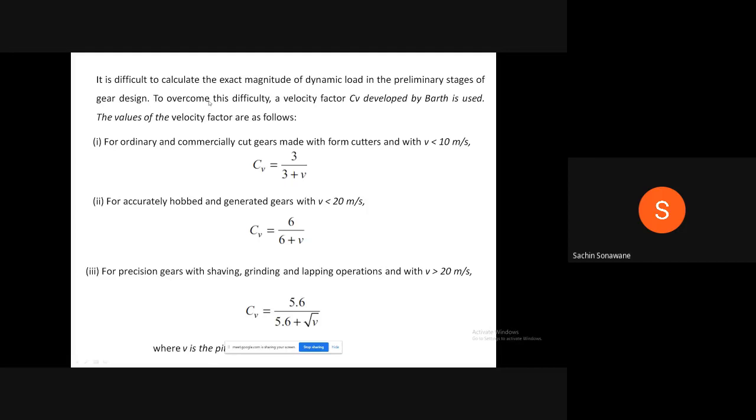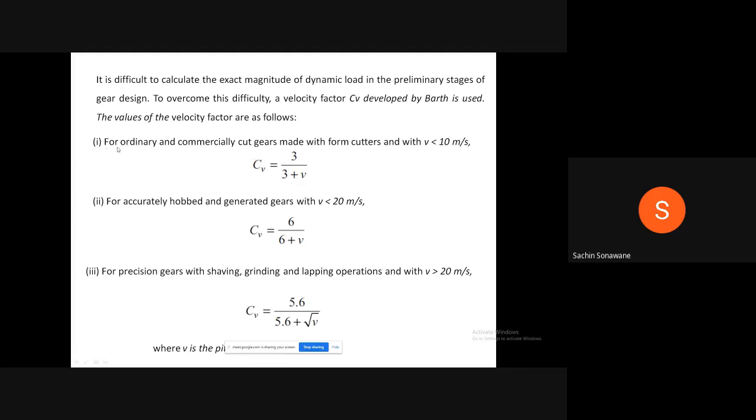To overcome this, a velocity factor Cv developed by Barth is used. The values of the velocity factor are as follows. These values are for different velocities.